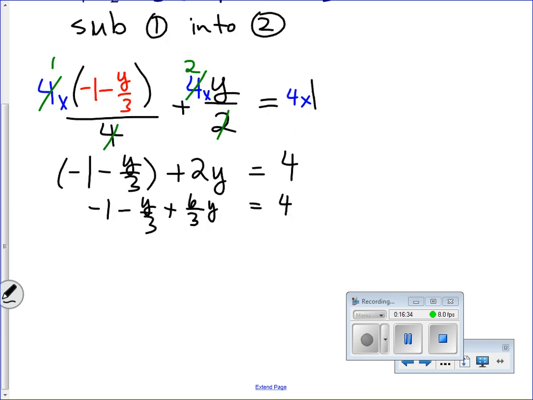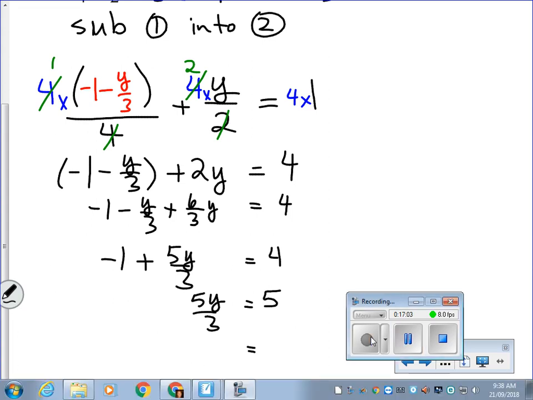Now that we've got that, collect your like terms on the left side. So we get negative y plus 6y over 3 is 5y over 3, and a minus 1 in front. Move the 1 to the other side, and we get 4 plus 1 gives us 5, and we have 5y over 3.